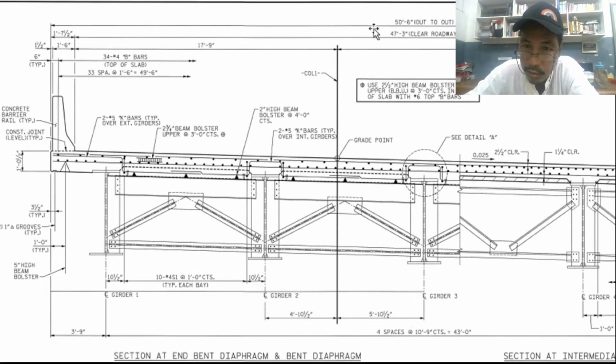Okay, out to out. So meaning we are actually looking at the section. Okay, cross section. This is cross section.